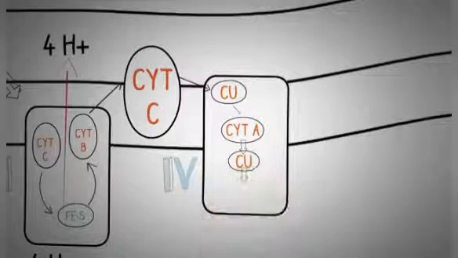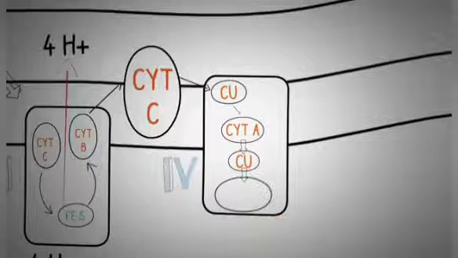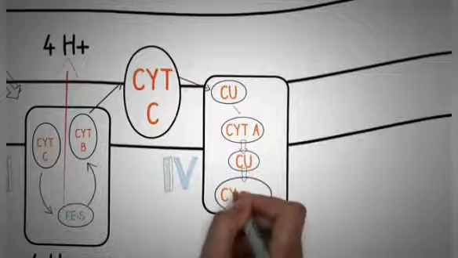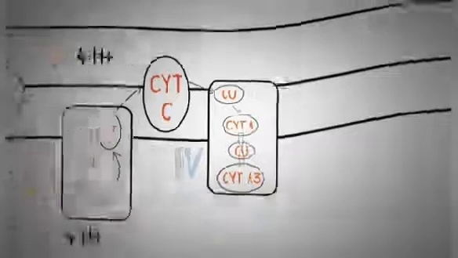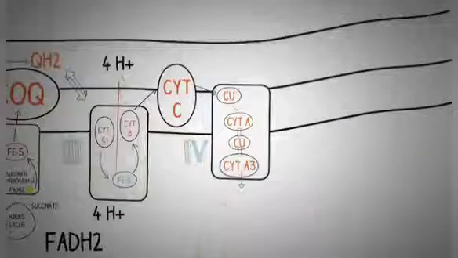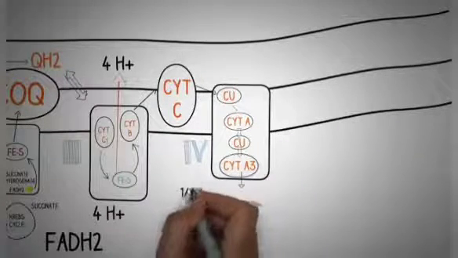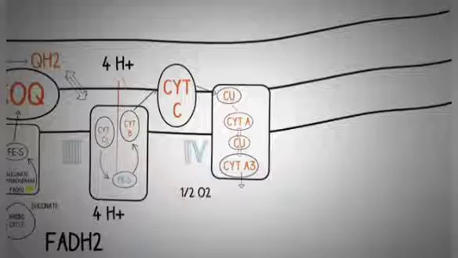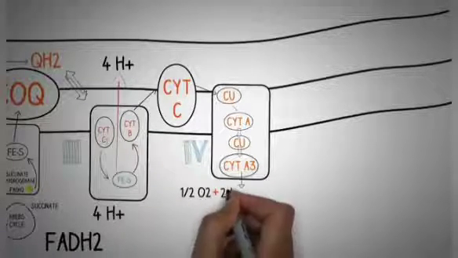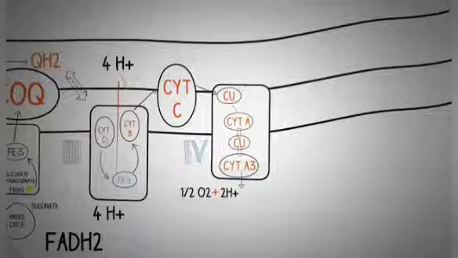These copper ions then transfer the electrons to cytochrome A3. The cytochrome A3 in the final step donates the electrons to the final electron acceptor, which is oxygen. The oxygen combines with two hydrogen ions from the matrix of the mitochondria and gets reduced to water.